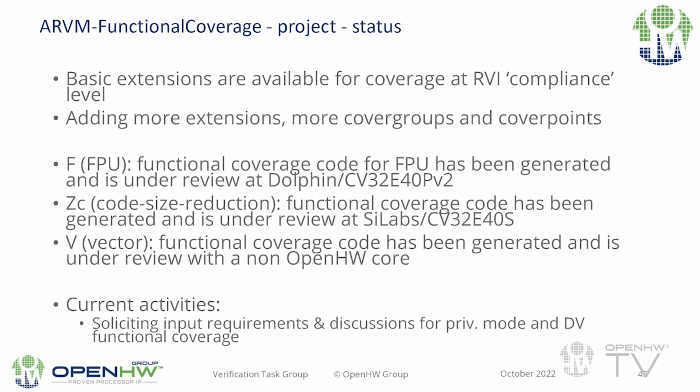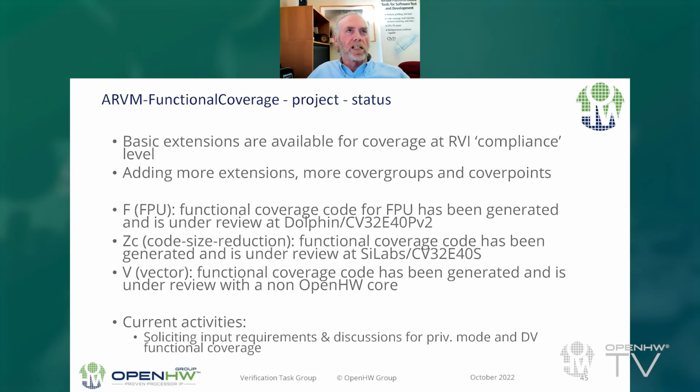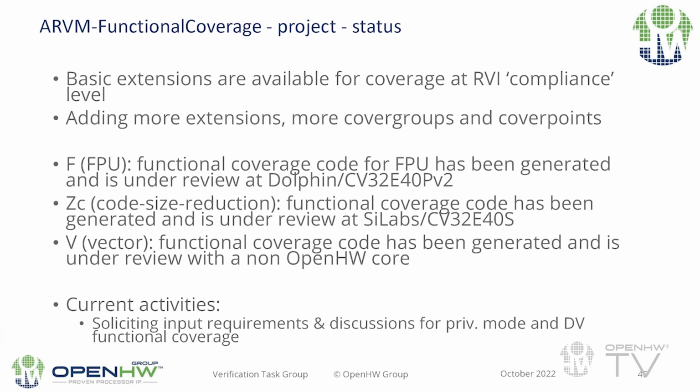And in terms of the project status at the moment, the basic extensions are available at a compliance level. We're adding more extensions and more cover groups and cover points. And there's two projects that we're actively working on in OpenHW. One is the 40P V2, which is adding a floating point unit to the core, and we're generating the functional coverage for that.